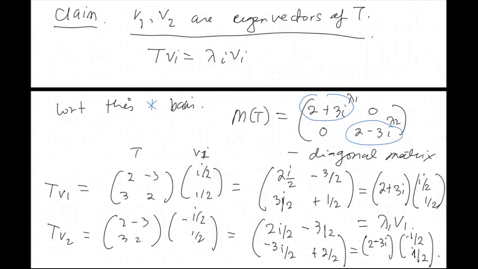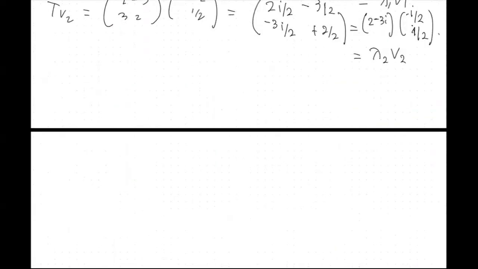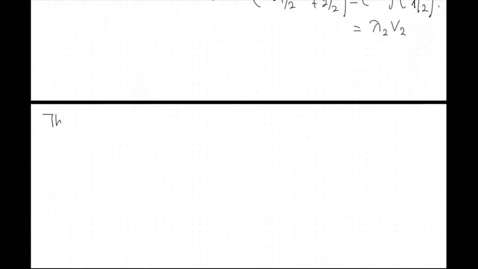So that's it. Now I think we have a grasp of what's going on. Let us characterize the nice operators on a complex inner product space, and we call this first result the complex spectral theorem.